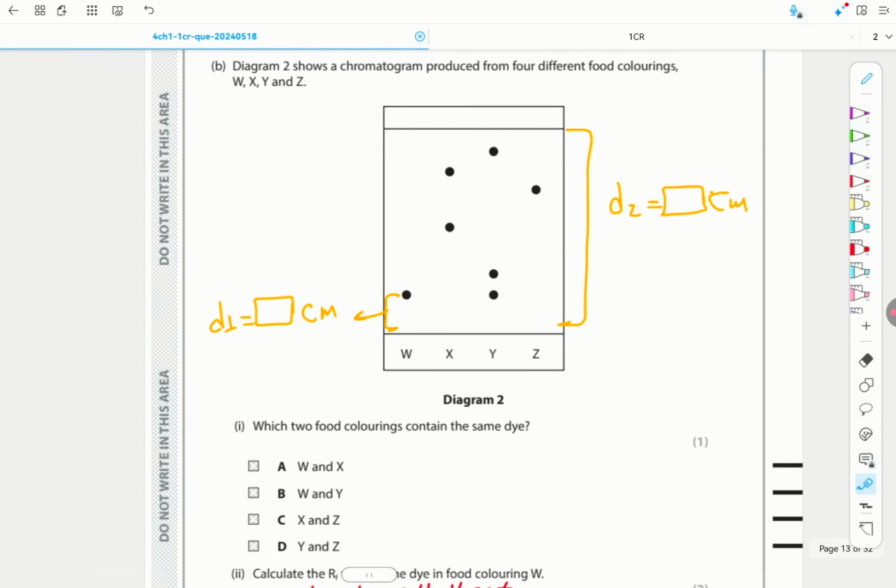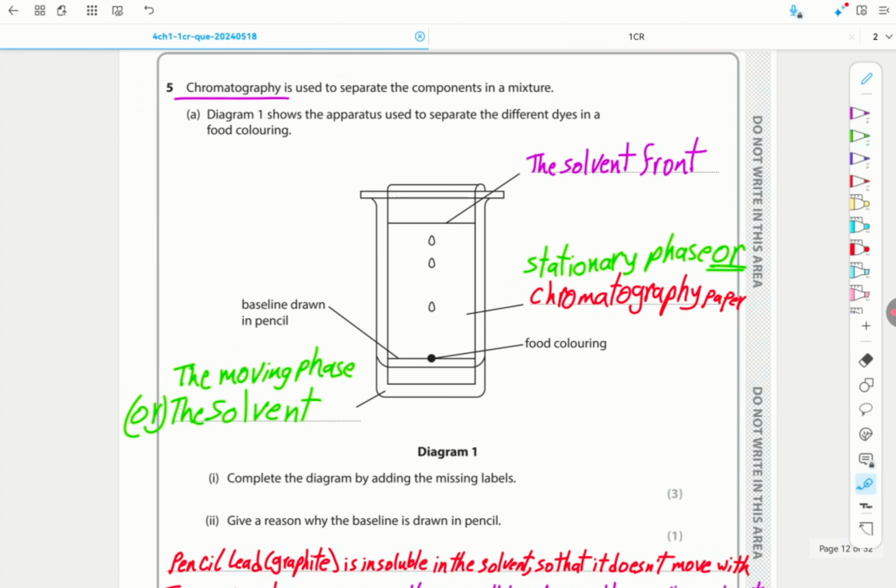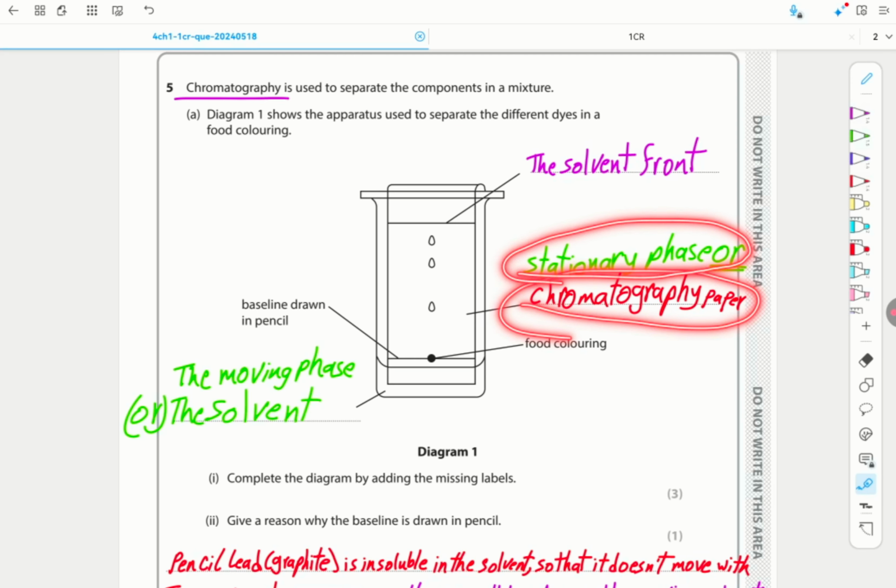What else here? We give the names. This is called the stationary phase, and we talked about it before. The stationary phase is generally silica gel, or maybe this is the chromatography paper, so if you want to solve this problem, sometimes students get confused.